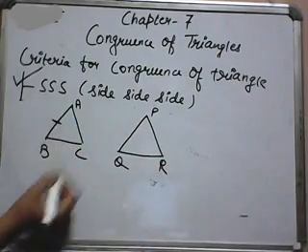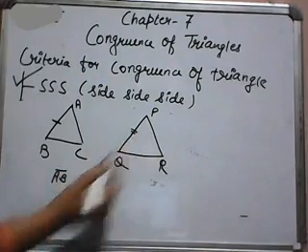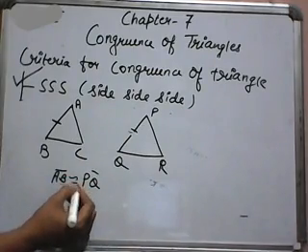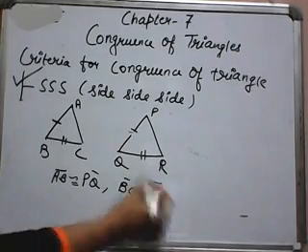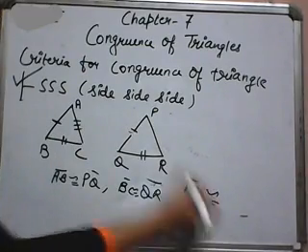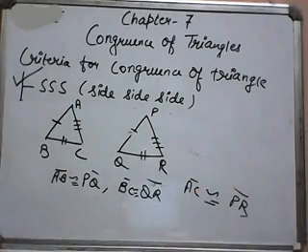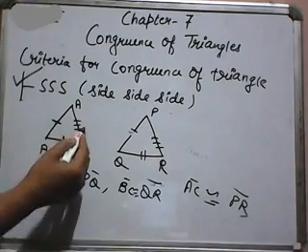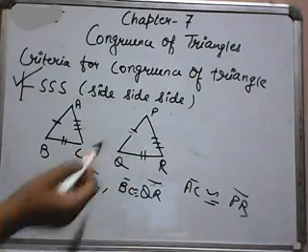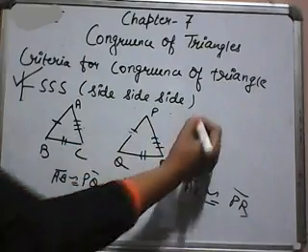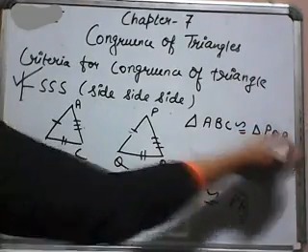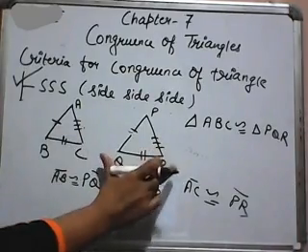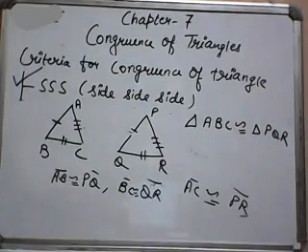If side AB is congruent to side PQ, BC side is congruent to QR, and third AC side is congruent to PR, then these two triangles are said to be congruent by using side congruence criteria.